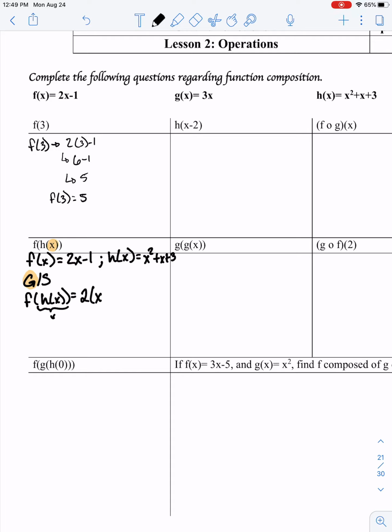So x squared plus x plus 3, minus 1. I then distribute the 2 to the x squared, and it becomes 2x squared. Distribute 2 to the x, it becomes 2x. Distribute the 2 to the 3, it becomes 6. Then minus 1 is at the end.